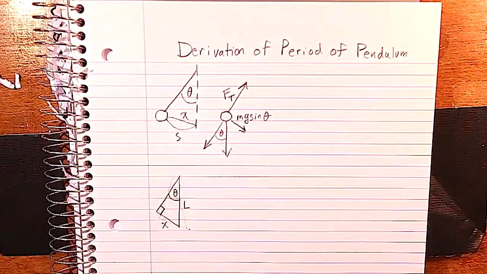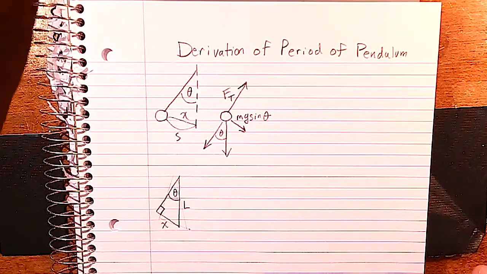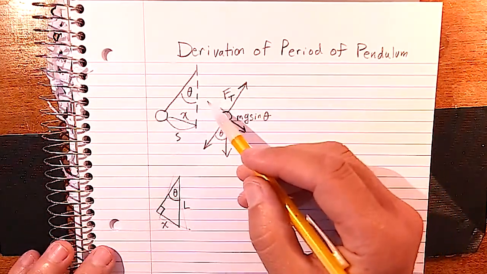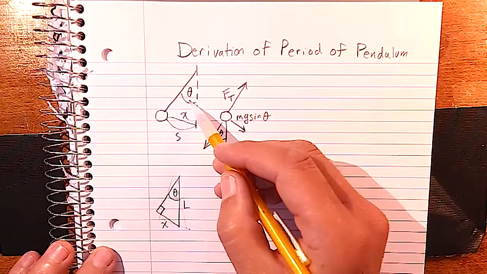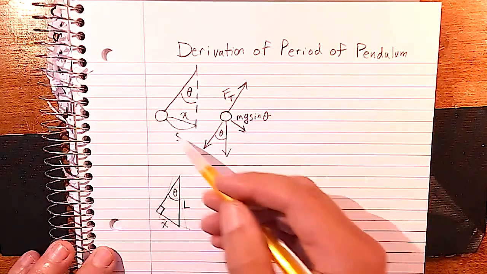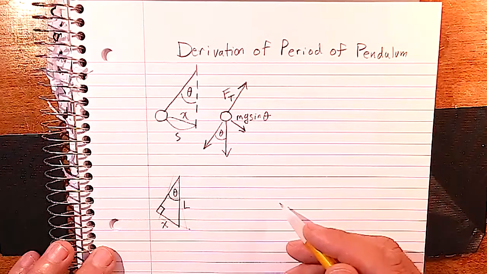So here's the derivation of the period of a pendulum. Now, a pendulum technically is not a true simple harmonic oscillator. It only approaches a simple harmonic oscillator if we deal with very small angles theta. So if we were to pull this up really high, its period would not obey this formula.